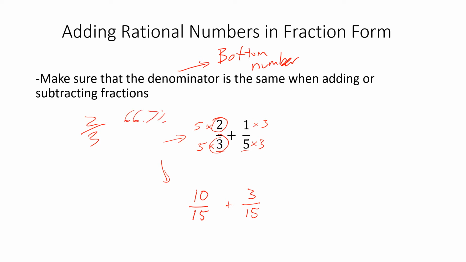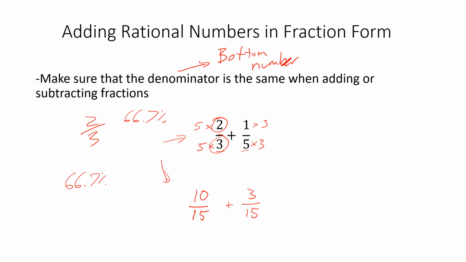That would be your grade. If you got 10 out of 15 on a quiz, you would also have 66.7% on that quiz. So as a fraction, they're the same number.